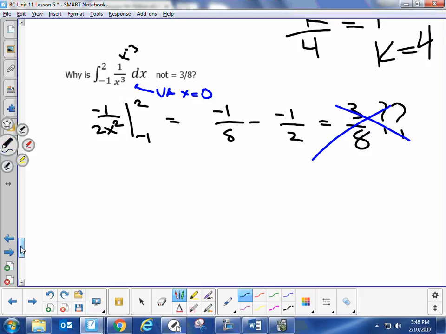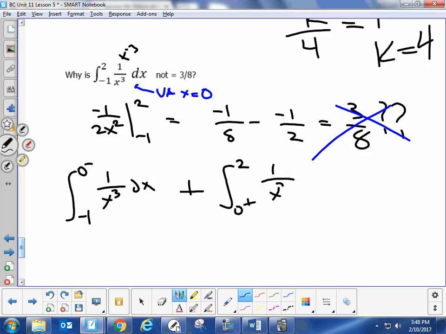We would do the limit process to split this up into two guys, one from the left of our vertical asymptote, and then one from the right of our vertical asymptote. We'd evaluate them the same way.